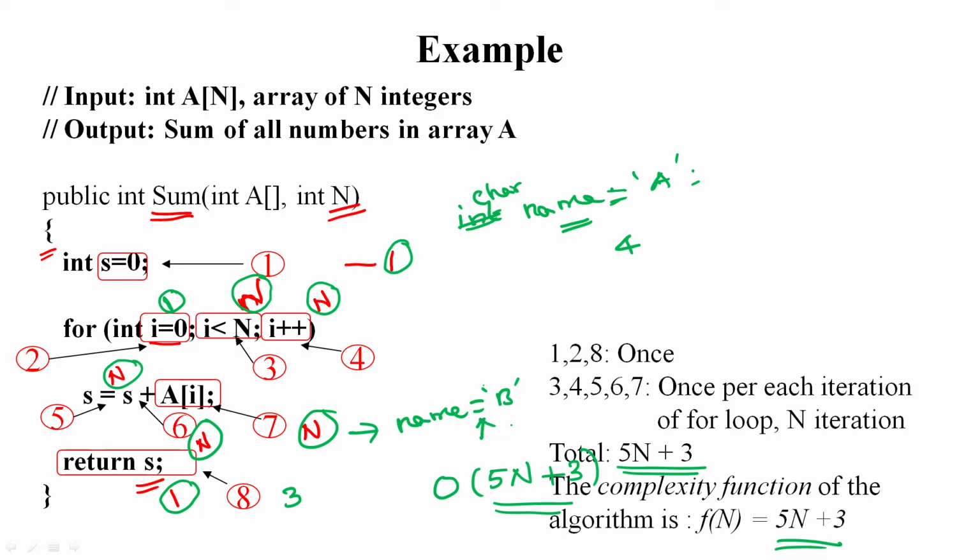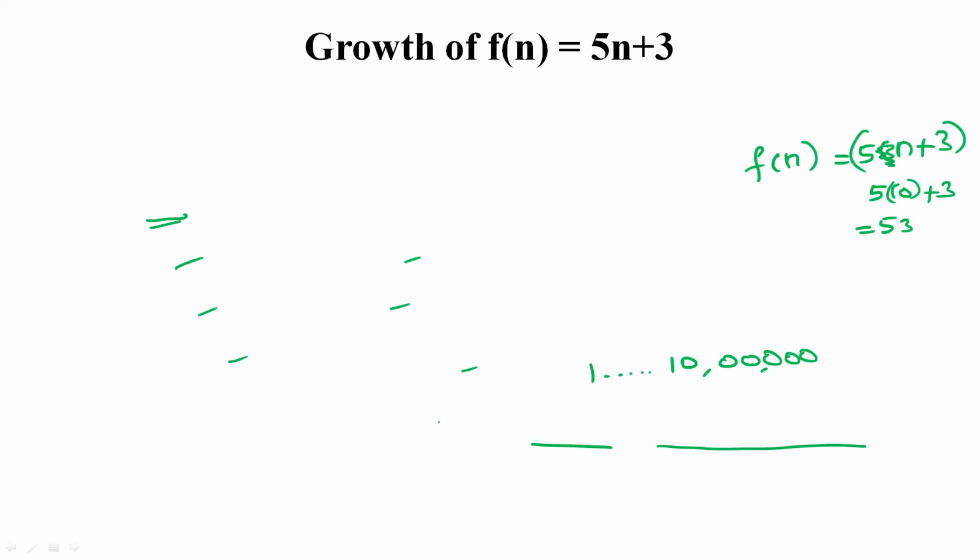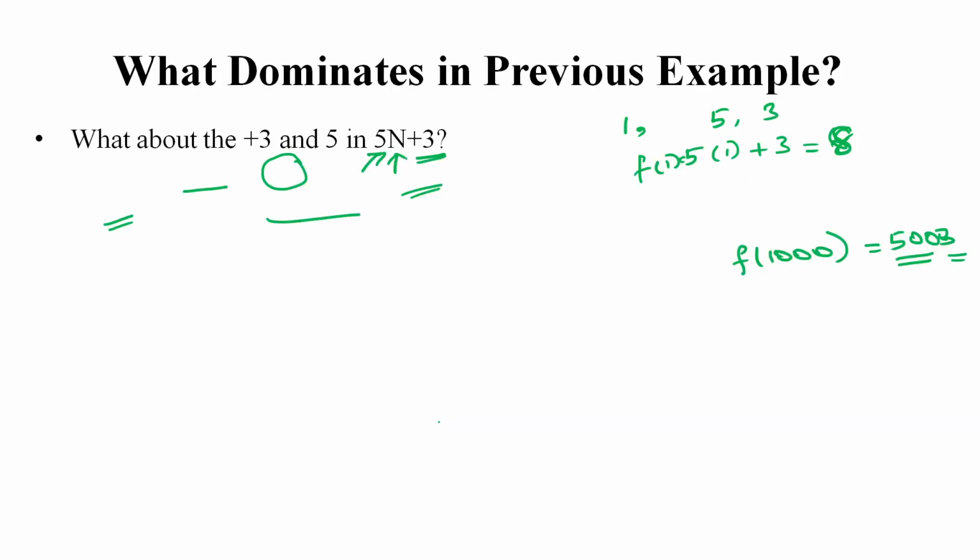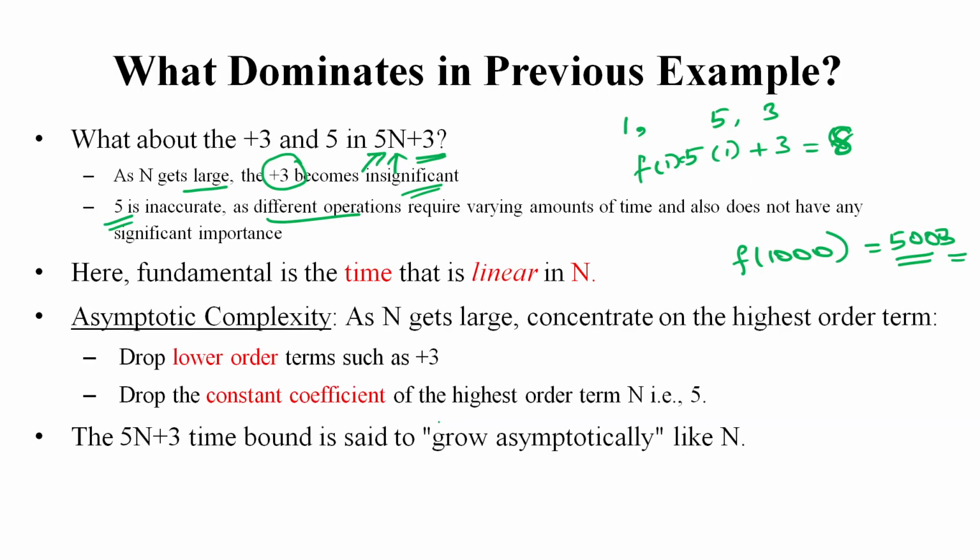So we will have 6n. So the coefficient 5 is also varying, depending upon the operations. So this is also not having any importance.